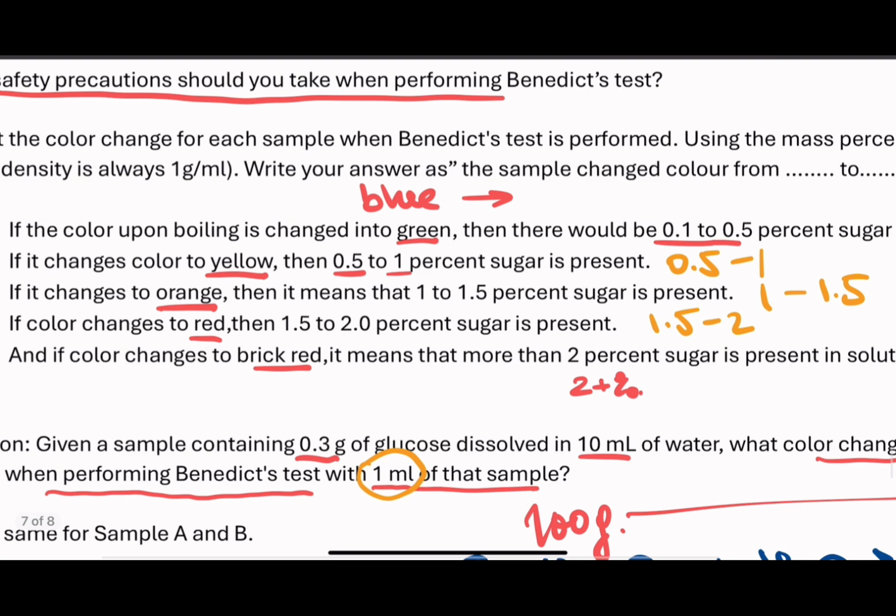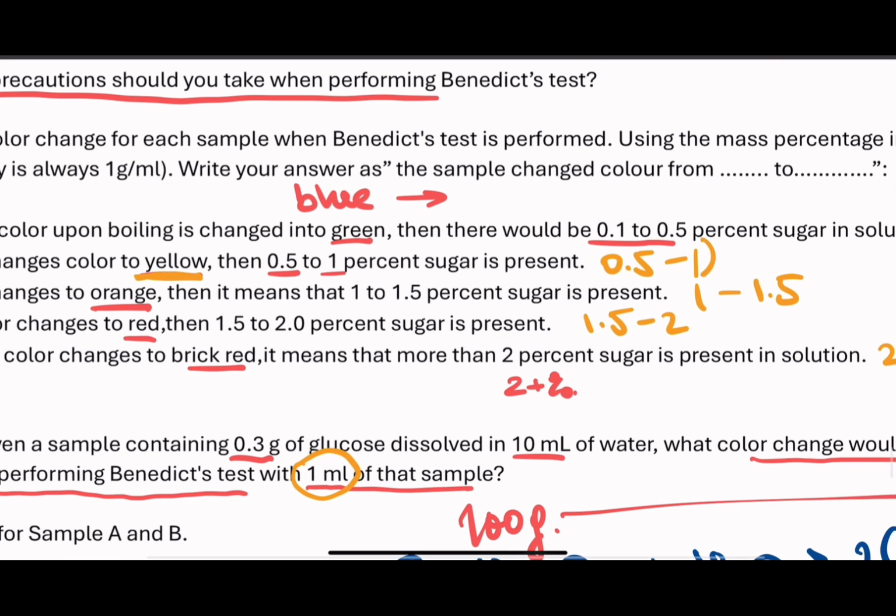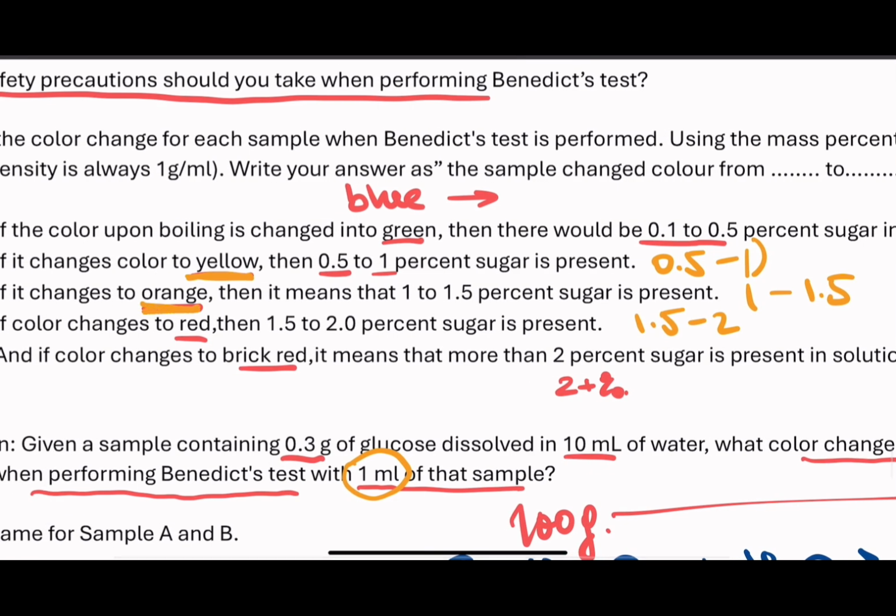1% falls into the yellow, like the end of it is yellow, and then just above it is orange.